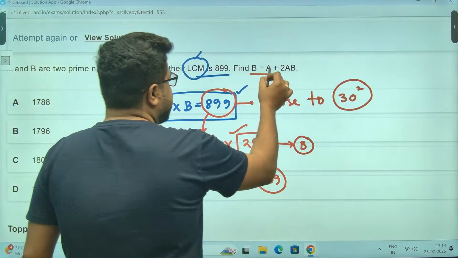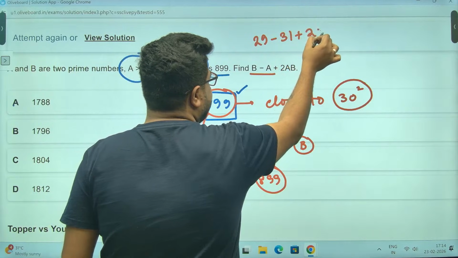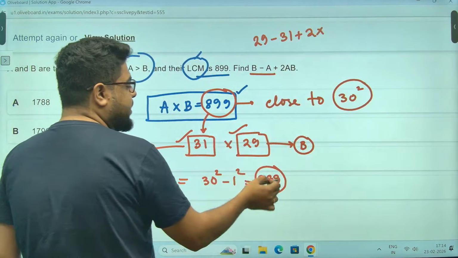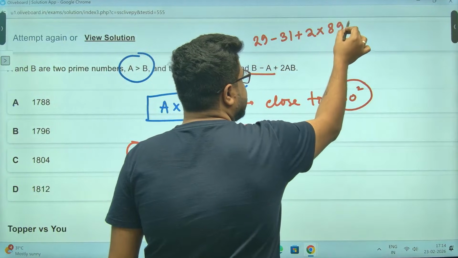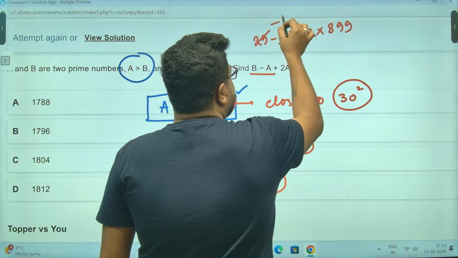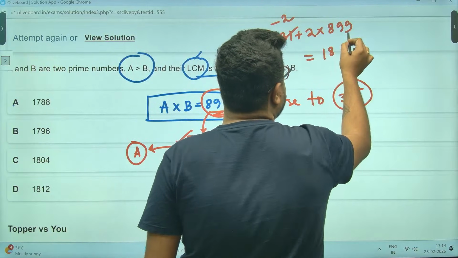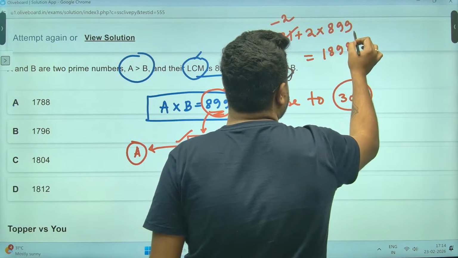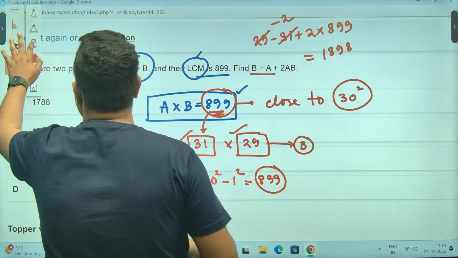So B minus A, 29 minus 31, plus twice AB. AB is already given to us as 899. This is minus 2, so this is 1898, right? Sorry, 1798.